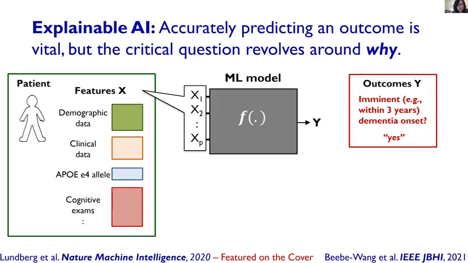And then our research, this is an actual project published in JBHI a few years ago, seeks a tractable and widely administrable set of metrics, out of these features, that can accurately predict imminent dementia onset.